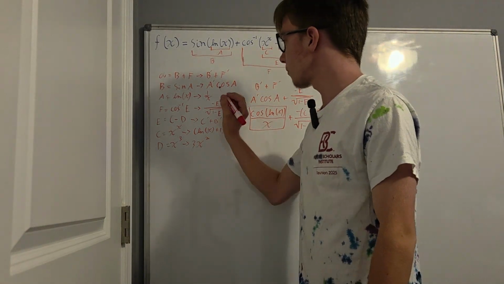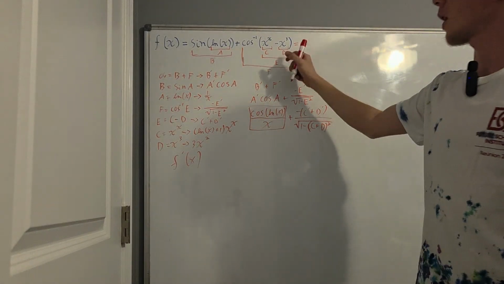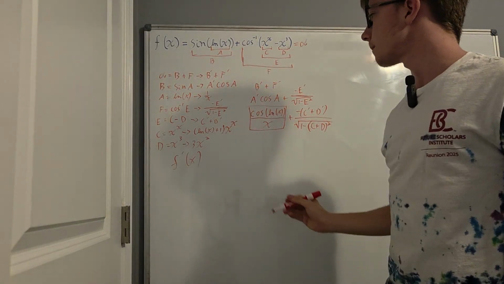So our final answer should be f prime of x, because remember we're looking at alpha prime, f of x is equal to alpha.